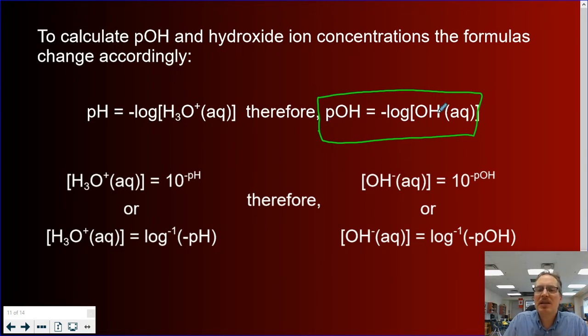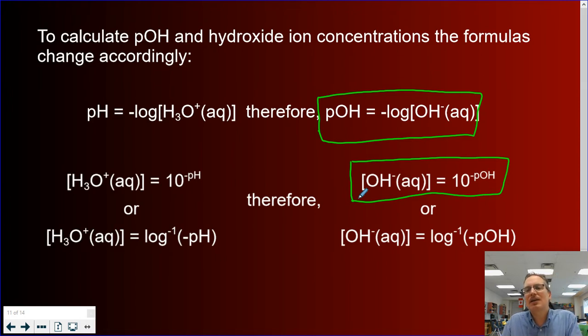Again, when I go to manipulate this, I have to memorize a new formula. So if I want to find the hydroxide ion concentration, similarly as when we found the hydronium ion concentration, we're going to go 10 to the raised negative pOH exponent. So this would be my other formula for me. So really, all I have done is I've substituted pOH for pH and hydroxide for hydronium ion concentration.